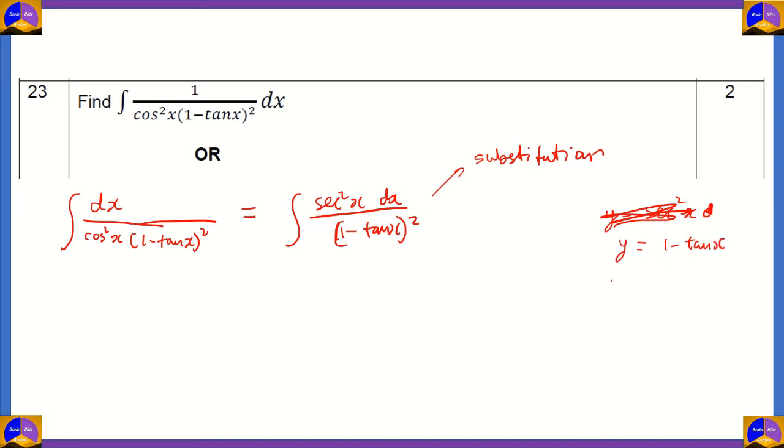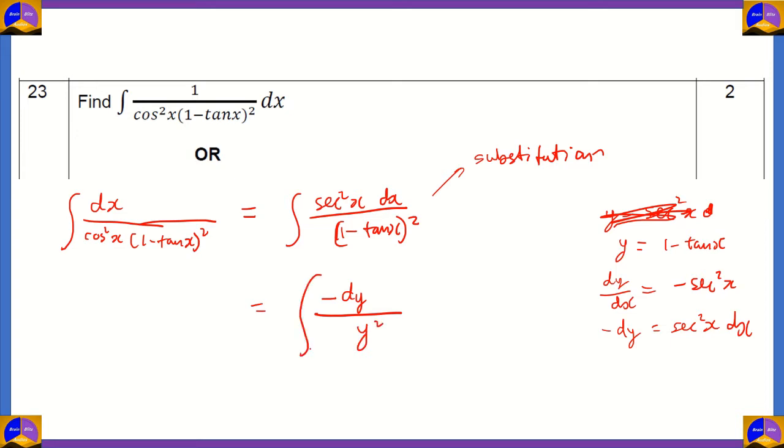And when we're doing differentiation, you will get minus sec square x as dy by dx. So minus dy is equal to sec square x dx. So now we'll replace the numerator and denominator in terms of y. So sec square x dx becomes minus dy, divided by (1 minus tan x) the whole square, which becomes y squared.